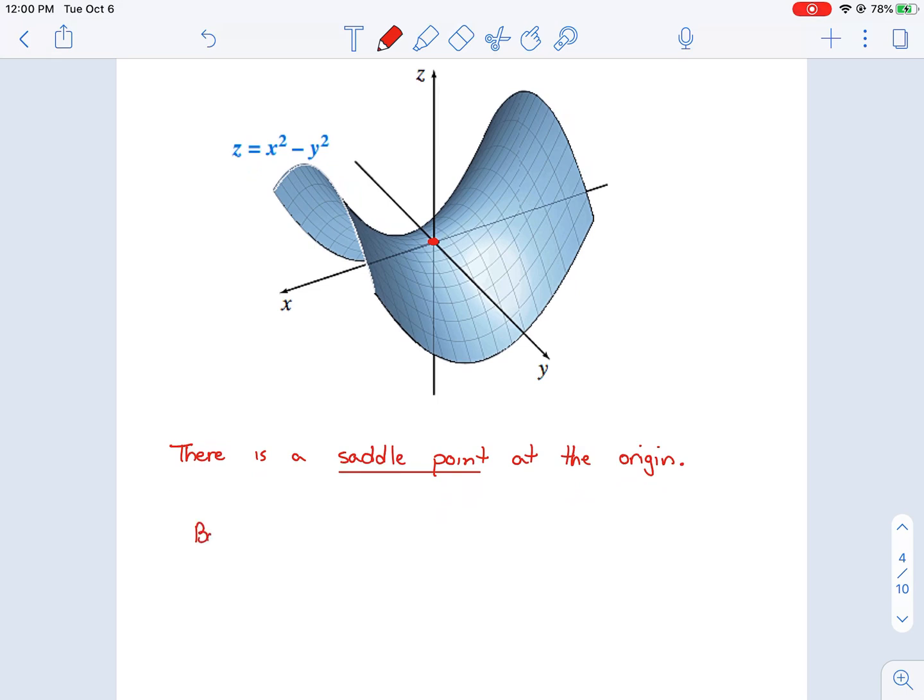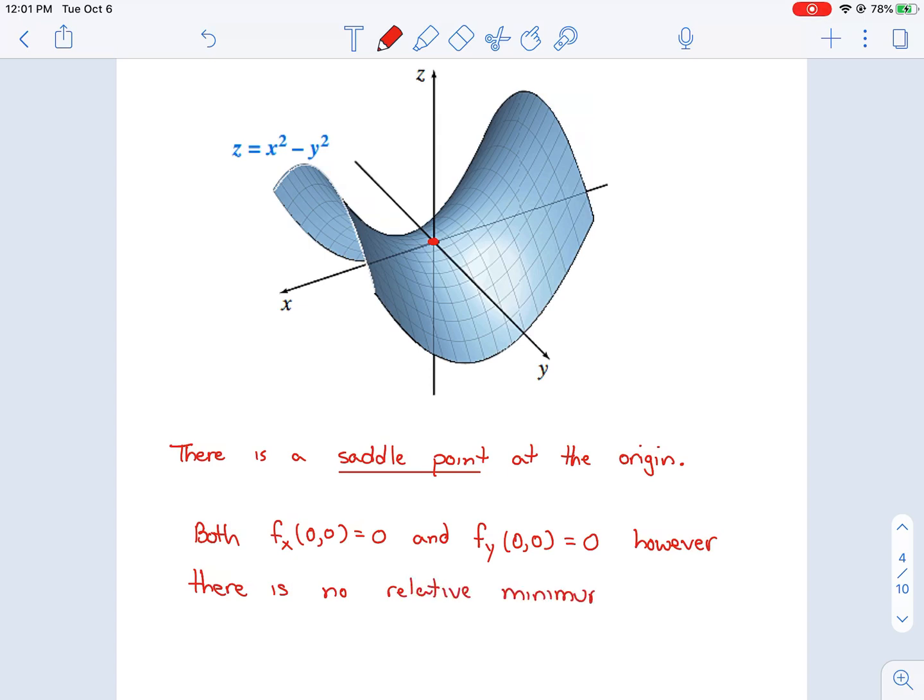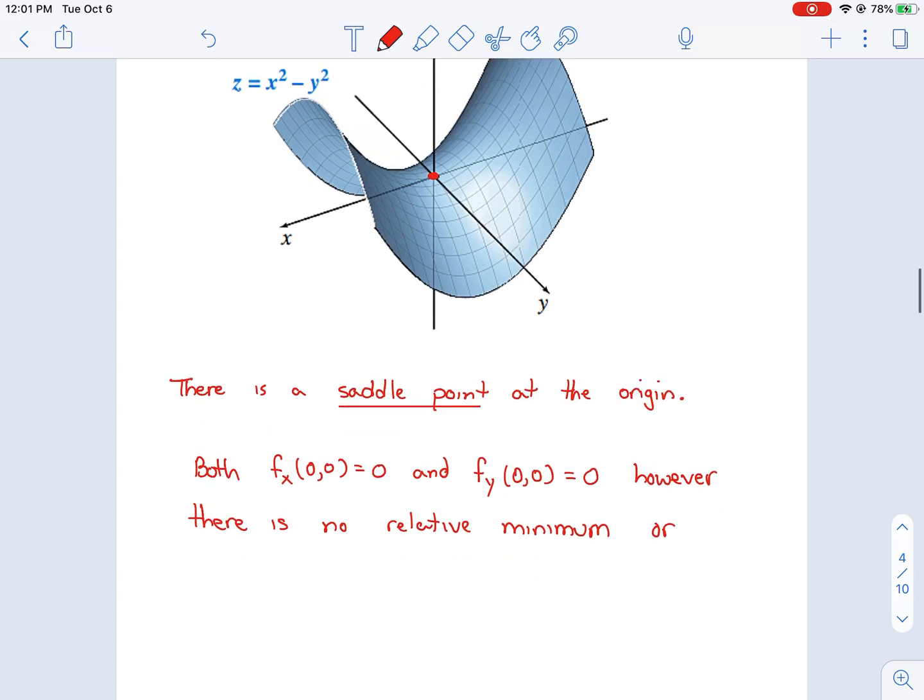Well, that means both the partial derivative with respect to x and the partial derivative with respect to y equal 0, however, there is no relative minimum or maximum at the origin.